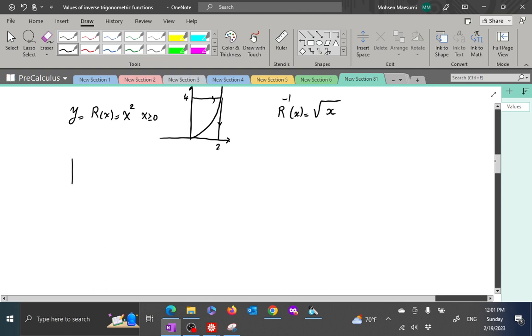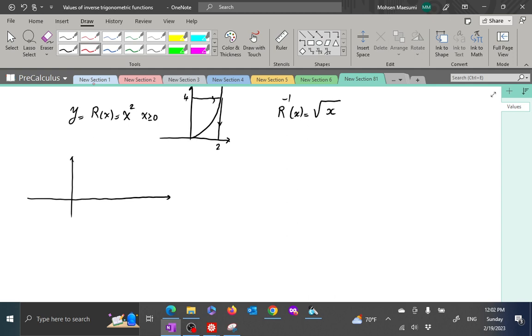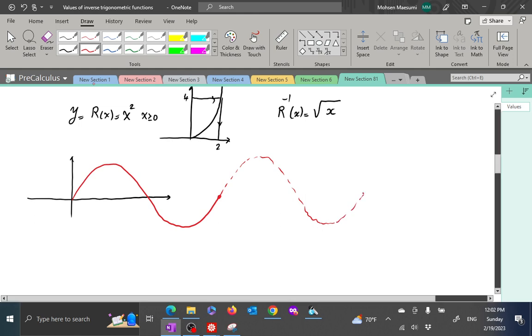So let's go ahead and see. We have a sine function looking something like this. Let me draw a sine function. This is one cycle of it, but the cycle keeps going. There is a second cycle, and that's not the end of it either.